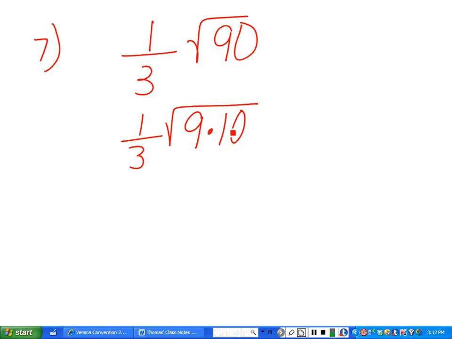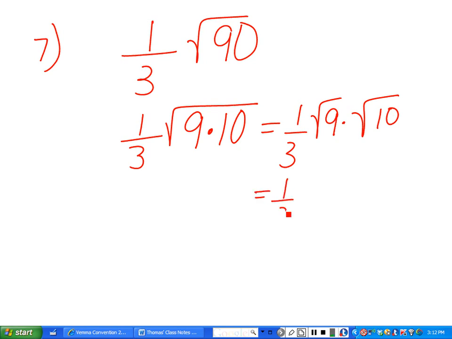If I could have broken down 10 as well, I would not have chosen the largest perfect square. So we have 1/3 times the square root of 9 times the square root of 10, and the square root of 9 is 3.